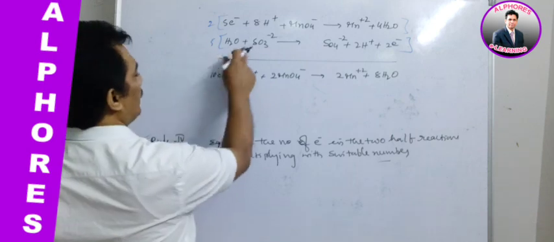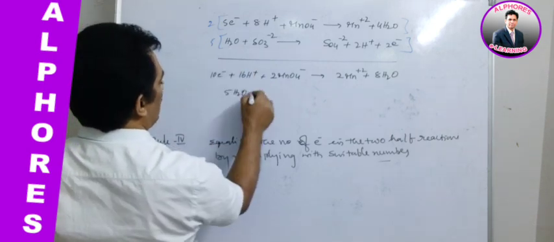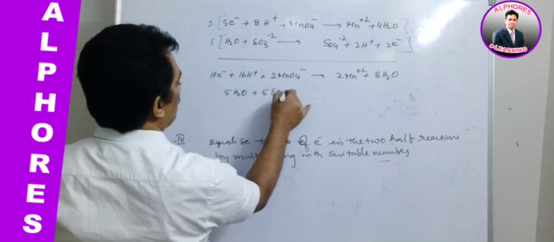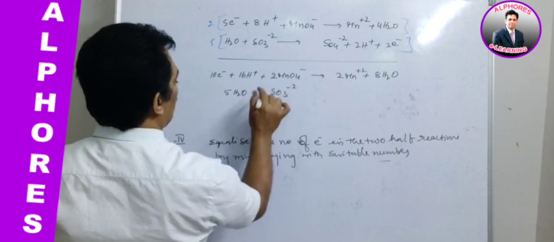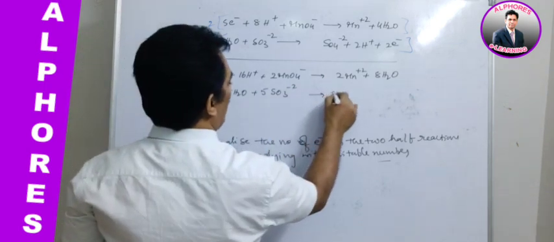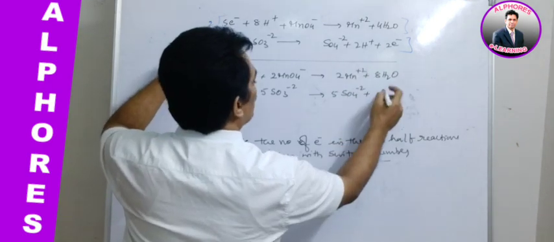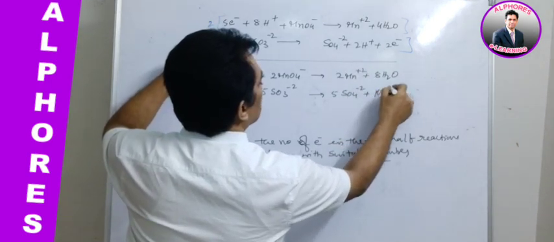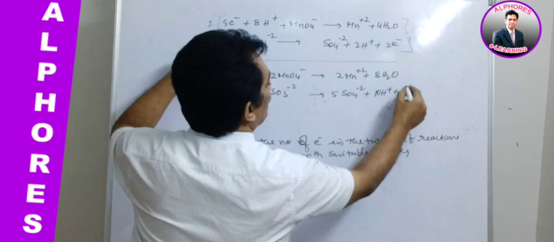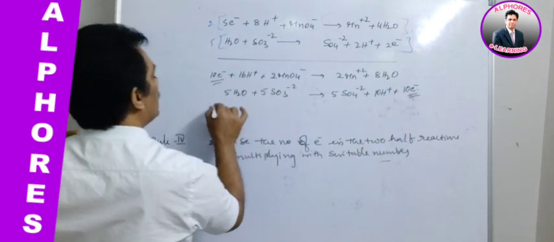And then this one: 5H2O plus 5SO3 minus 2, giving 5SO4 minus 2 plus 5 into 2, 10H plus, plus 5 into 2, 10 electrons. Now you can observe these two electrons are equal.